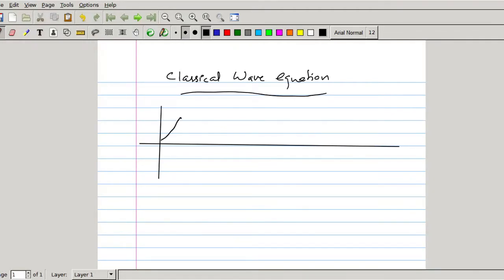Let us assume the shape of vibration of the string is like this, and it is traveling along the string, and after some time it will reach a point.